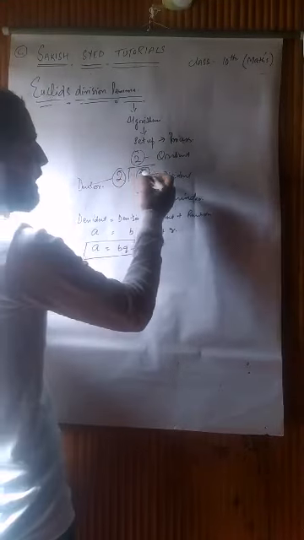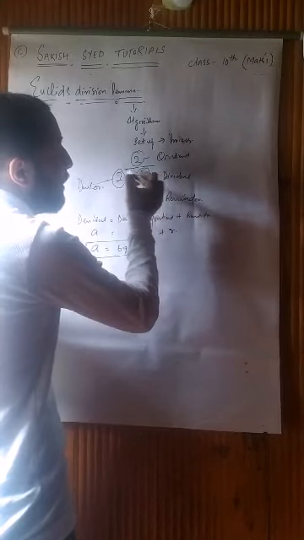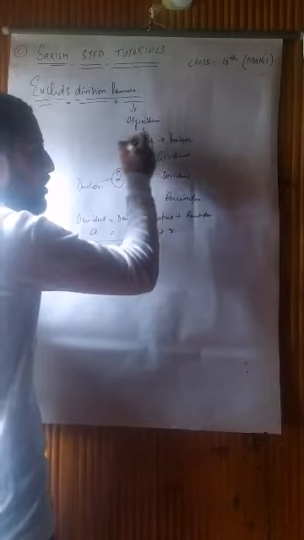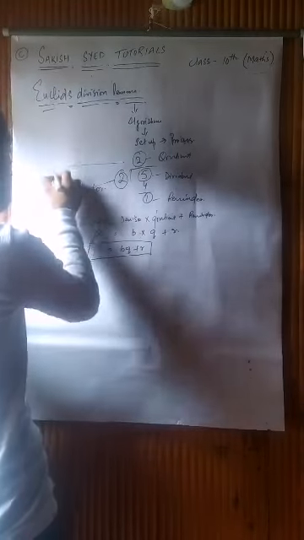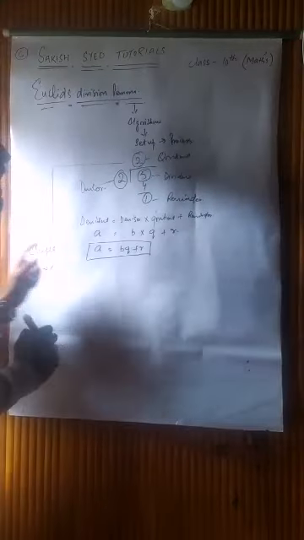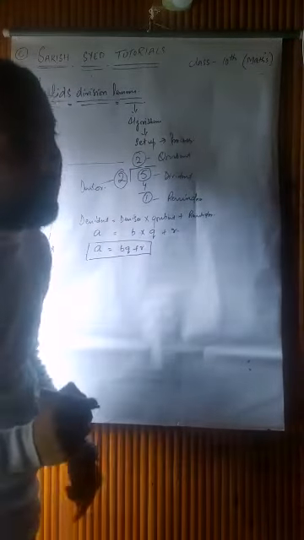Say, for example, we divide 5 by 2 and get the quotient q and remainder r. How can we check this division?